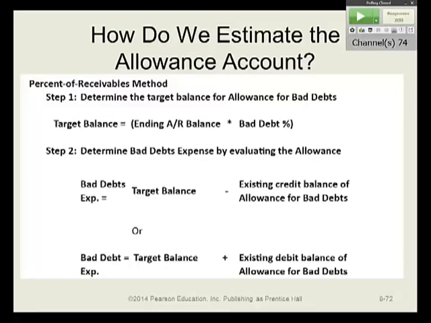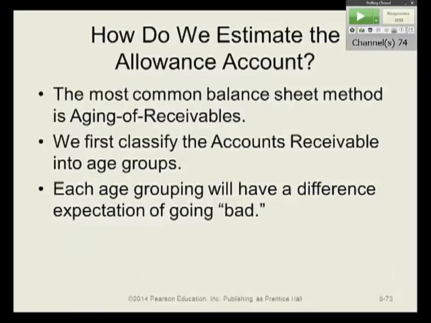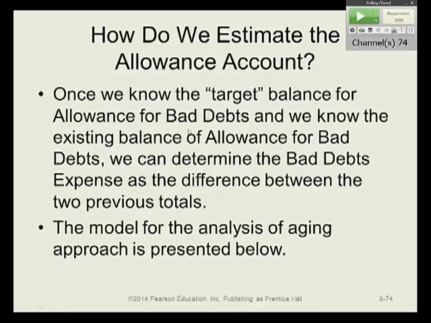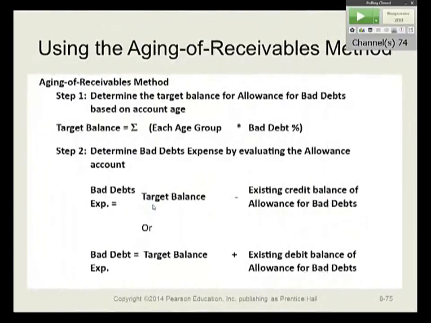Now, one other method I'll show you is very similar. You can also do an aging of accounts receivable. The only difference with the aging, and I'm going to start with examples of this on Friday, is that you provide an allowance against each aging group.